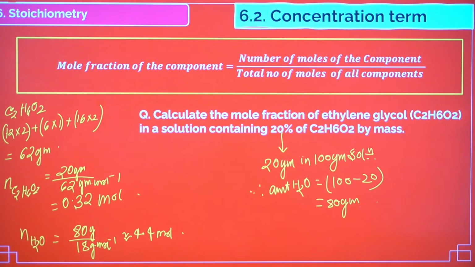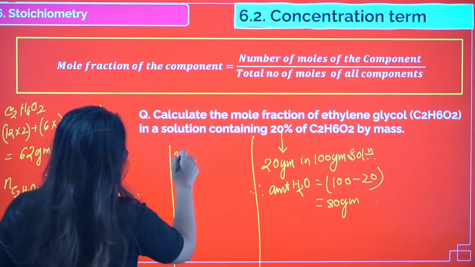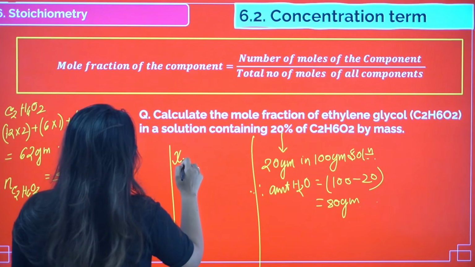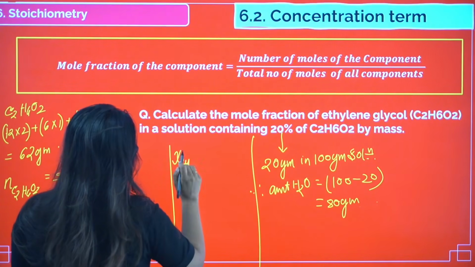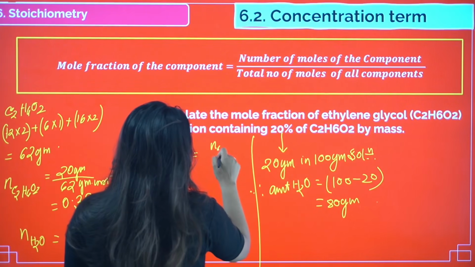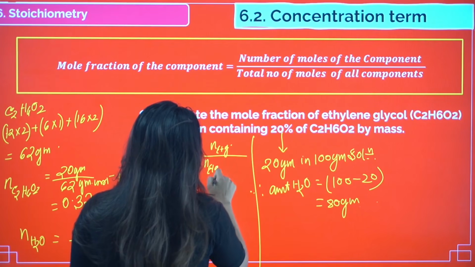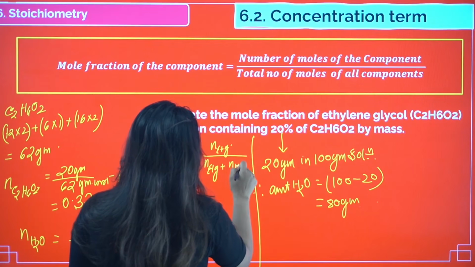Now mole fraction. How should I calculate? Mole fraction of ethylene glycol, I'm just writing ETG. Number of moles of ETG divided by number of moles of ETG plus number of moles of H2O.